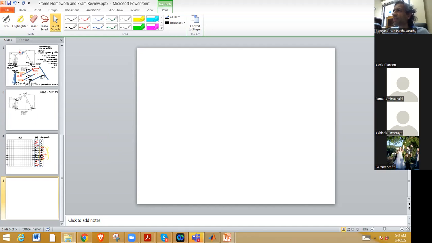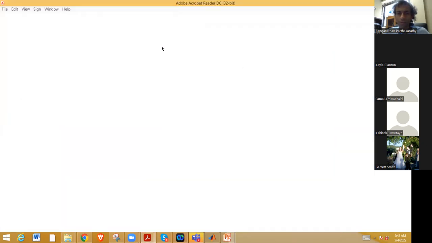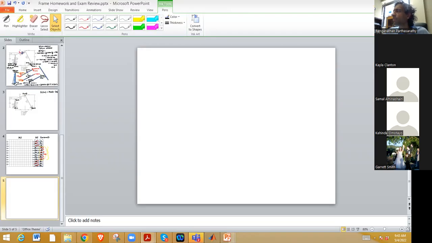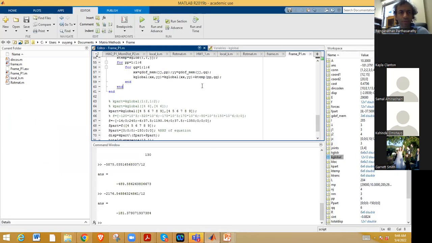Okay, now let's go to the final. So now I know the truss problem looks very big, but don't worry, we are going to do it now. Let's open the truss code first.